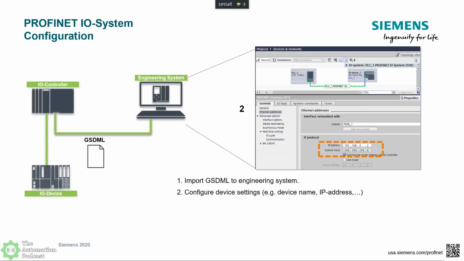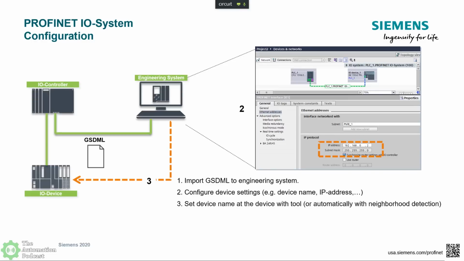After you import it, you have to configure your device, like setting an IP address. Or you don't have to set the IP address because PROFINET is name-based, but you can set it. You also set a device name, and all that related stuff you have to configure within the engineering system.